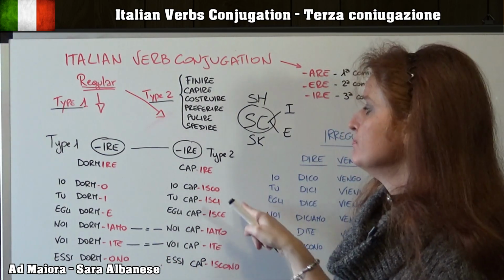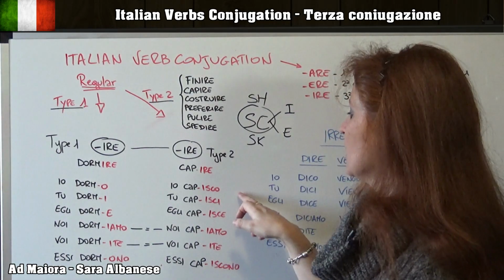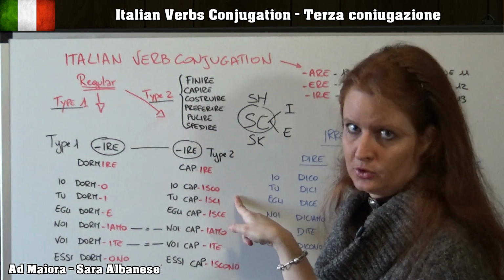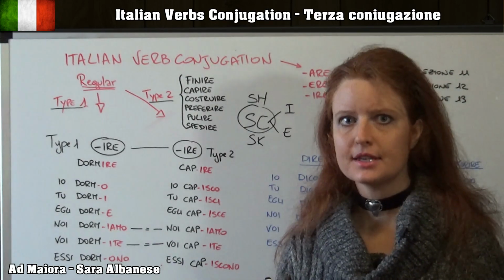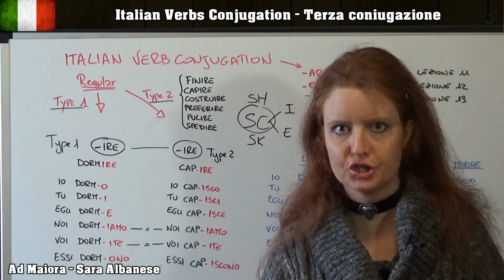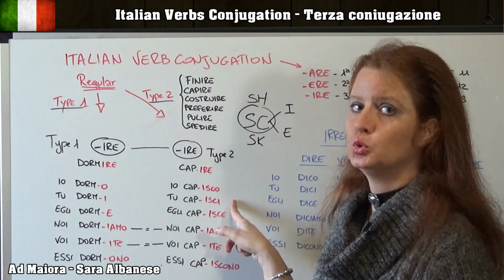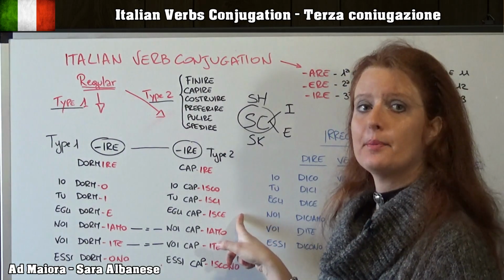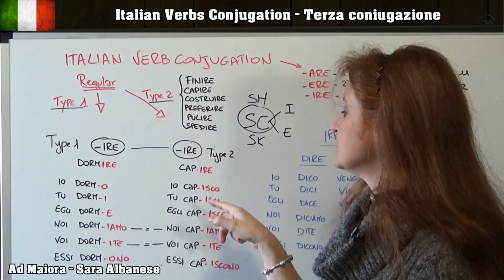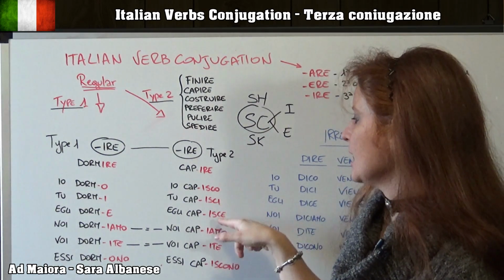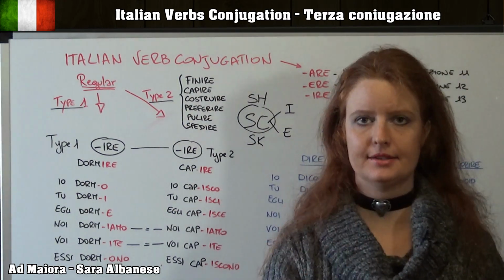But here, in both the second and the third person singular, we have I, second person, E, third person, after SC. In this case, it changes and it becomes sh. So, this is tu capisci, egli capisce. Okay? So basically, you have to pay attention to the vowel that is after SC.